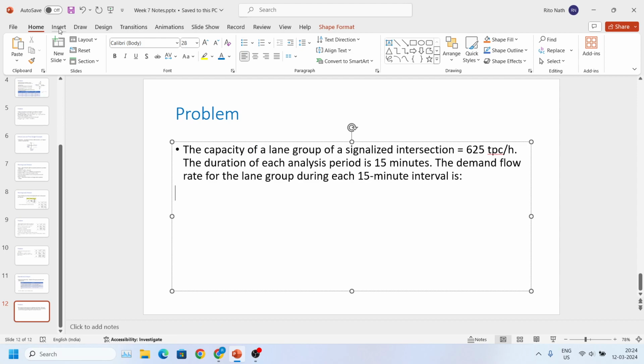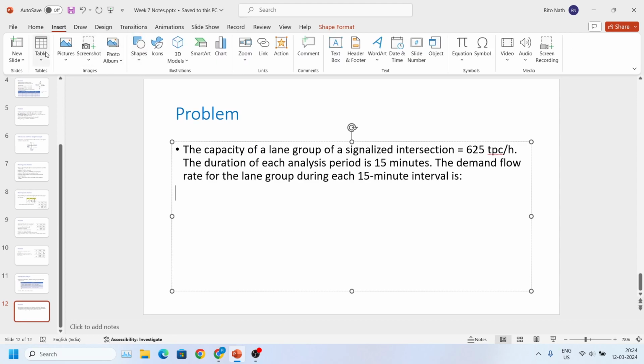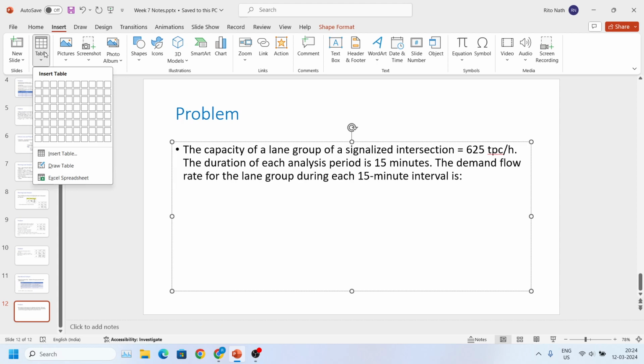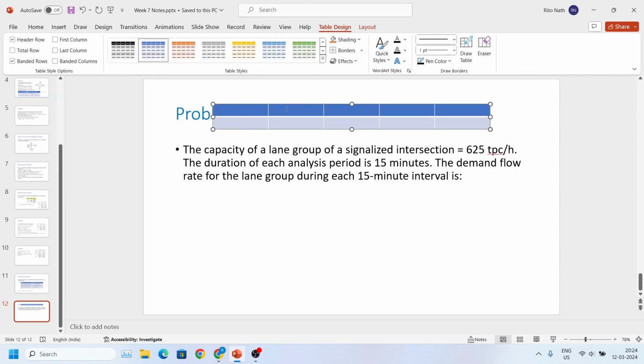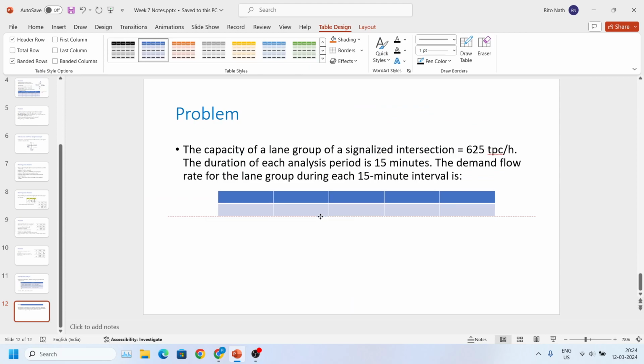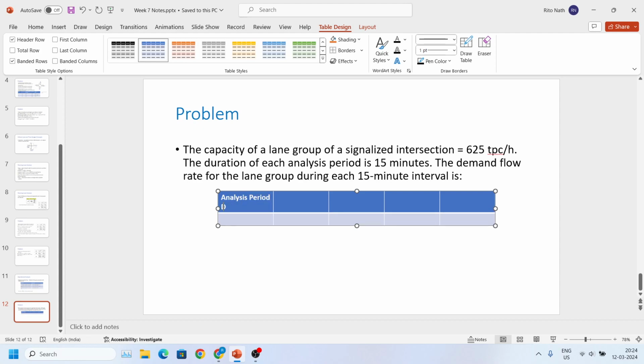so let's create a table. So this is analysis period. Then you have demand.